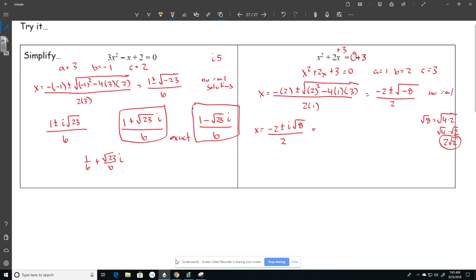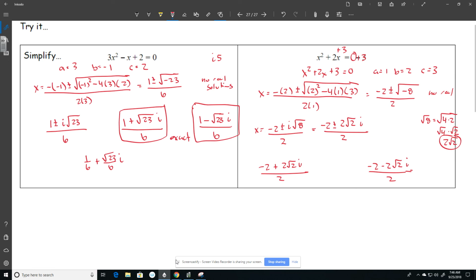So this right here becomes negative 2 plus or minus, instead of square root of 8i, I have 2 square root 2 i, all divided by 2. So negative 2 plus 2 root 2 i divided by 2, and negative 2 minus 2 root 2 i divided by 2.